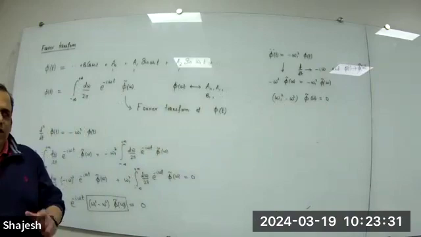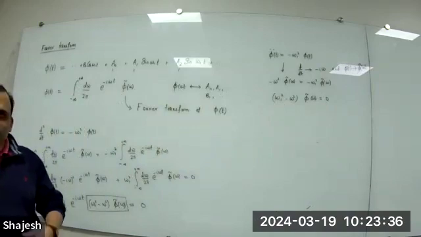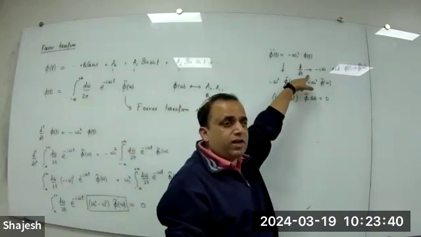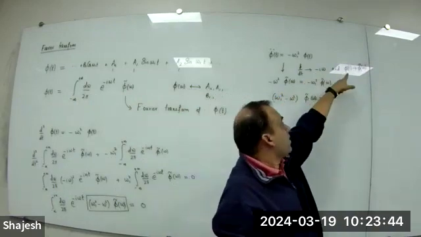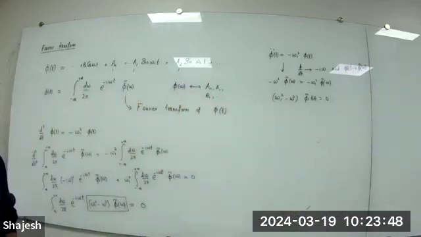So if you have only simple derivatives in the differential equation, it's very poor man's Fourier transform: replace all the time derivatives with minus i omega. Replace the phi with phi tilde, and you're done with the Fourier transform.